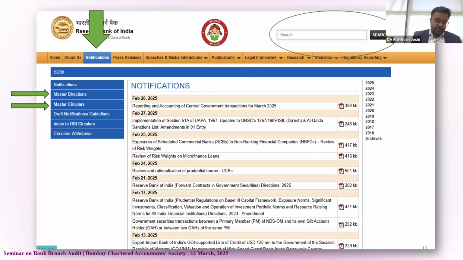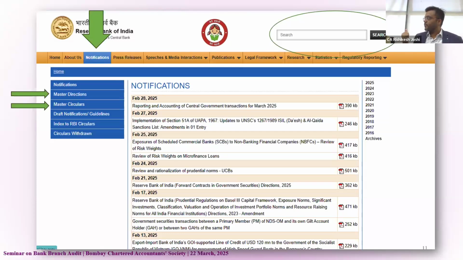Apart from that, we have FEMA, which is applicable in case of foreign exchange transactions. Then for fraud detection, there is a separate fraud detection circular. The slides will be shared with you. In the slides she has also mentioned how, when you go on the RBI site, you exactly search a respective circular.